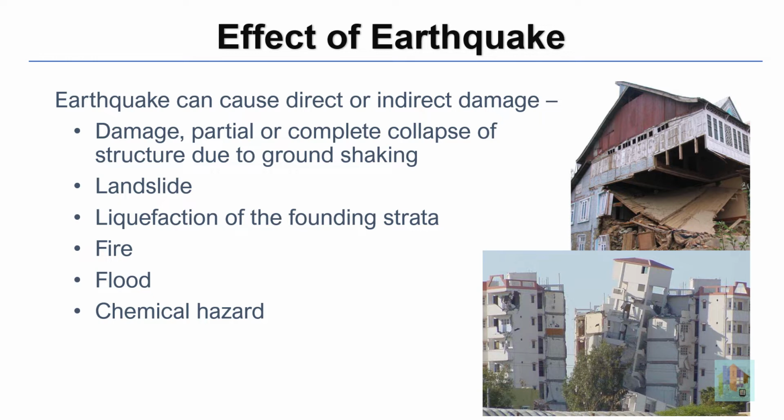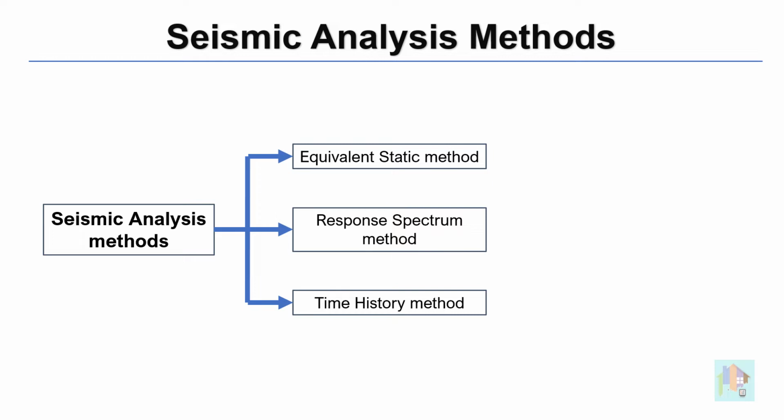That's why all the recent versions of seismic design and detailing codes, including IS1893, 13920, and IS800, are very strict with the design requirements. There are different methods available for seismic analysis, including static seismic, response spectra, and time history method.